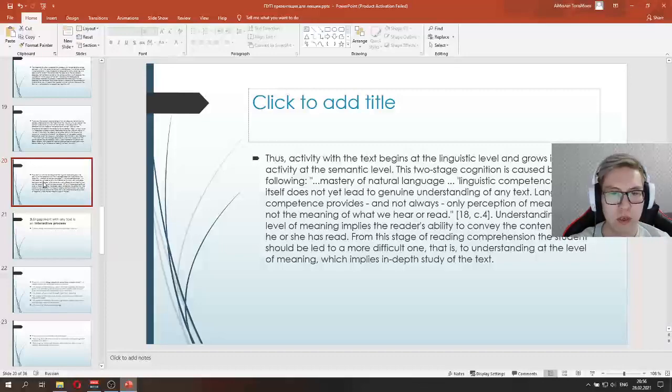Understanding at the level of meaning implies the reader's ability to convey the content of what he or she has read. From this stage of reading comprehension, the student should be led to a more difficult one, that is, to understanding at the level of meaning, which implies in-depth study of the text.